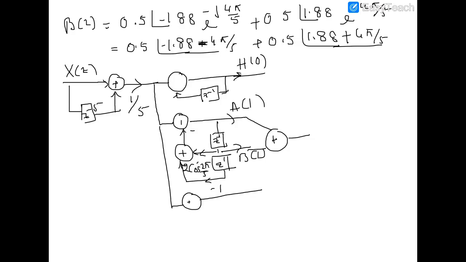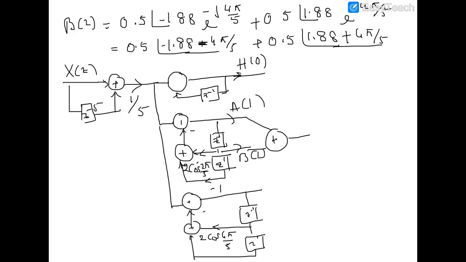Plus here. Then it is z to the power minus 1, z to the power minus 1, 2 cos 4 pi by 5.